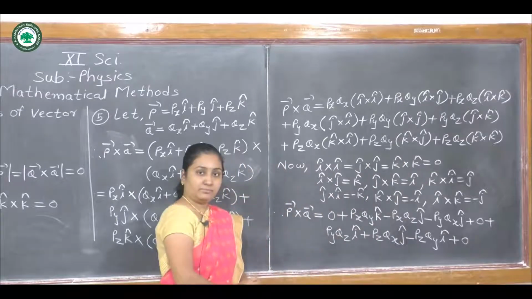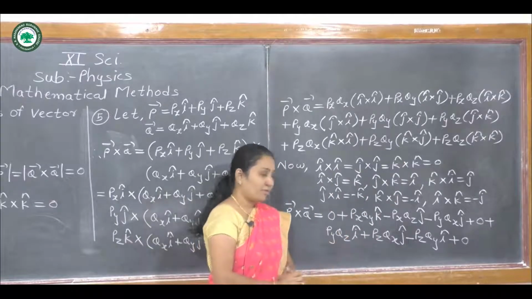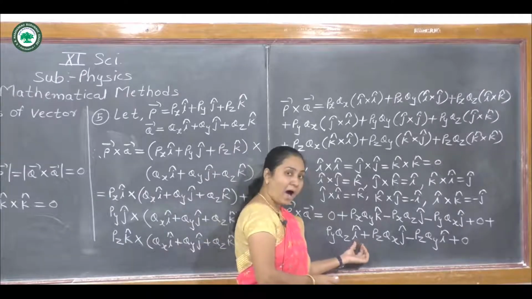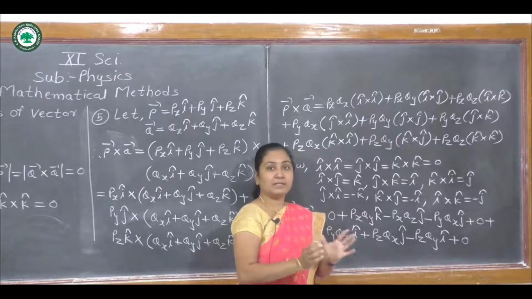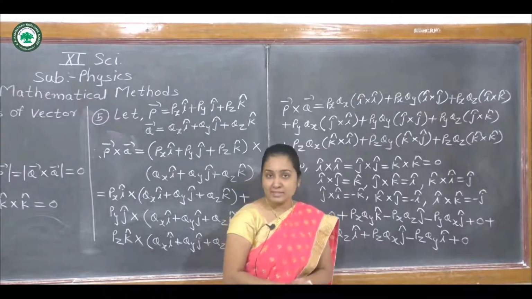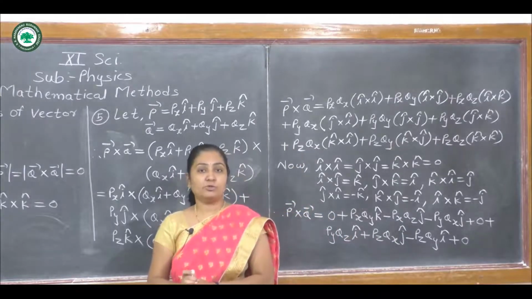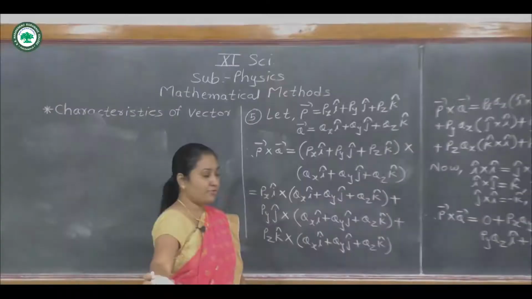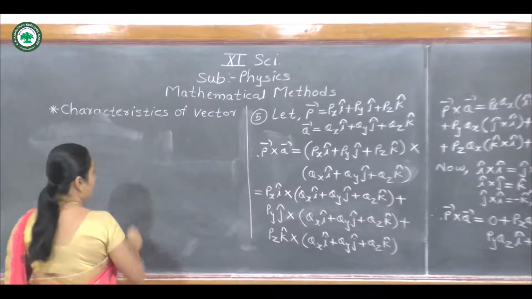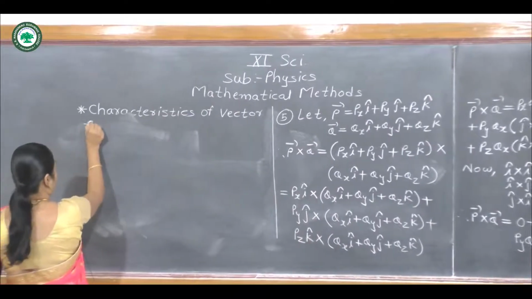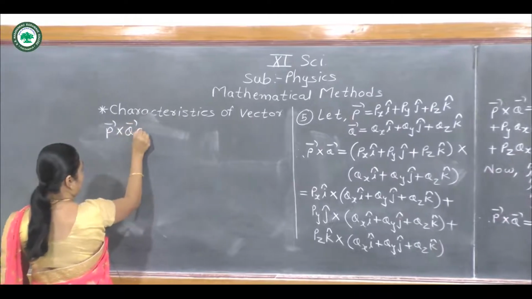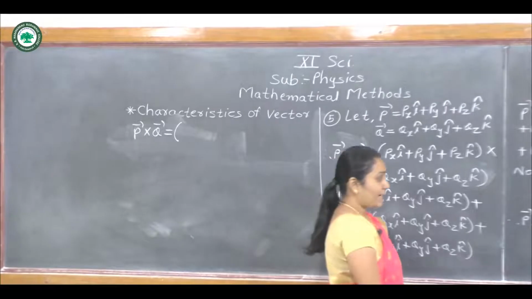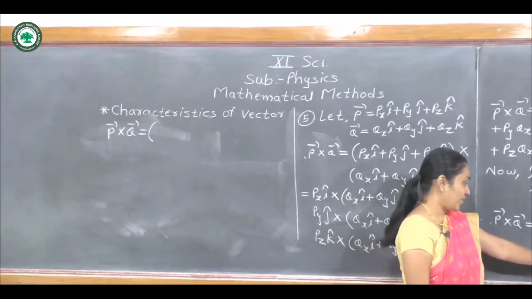So now in this step we can take common as vector i, j, k, and then we can simplify this equation and find out the formula to determine a vector product. So now we will simplify here. p bar cross q bar is equal to, we have to simplify by taking vector i, j, k common.